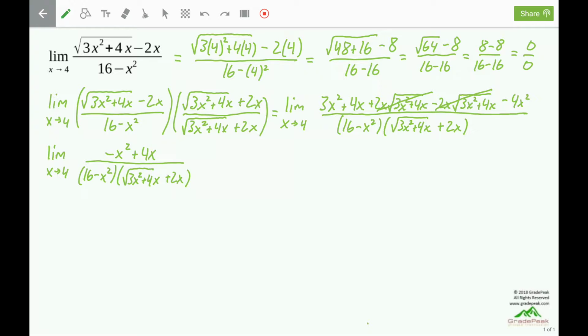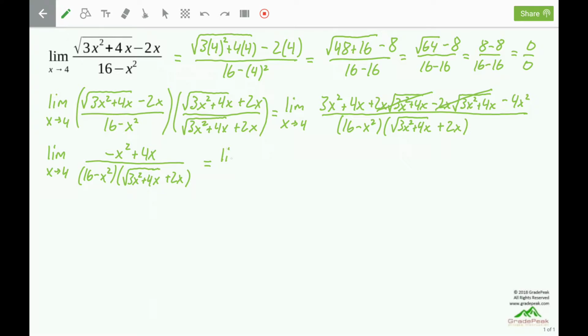And at this point, we've taken care of the root conjugate multiplication. We have not eliminated the 0 over 0 just yet. If you plug a 4 in, it's going to make a 0 here in the numerator, and it's going to make a 0 here in the denominator. Those cannot cancel just yet, so we will need to factor each of those.